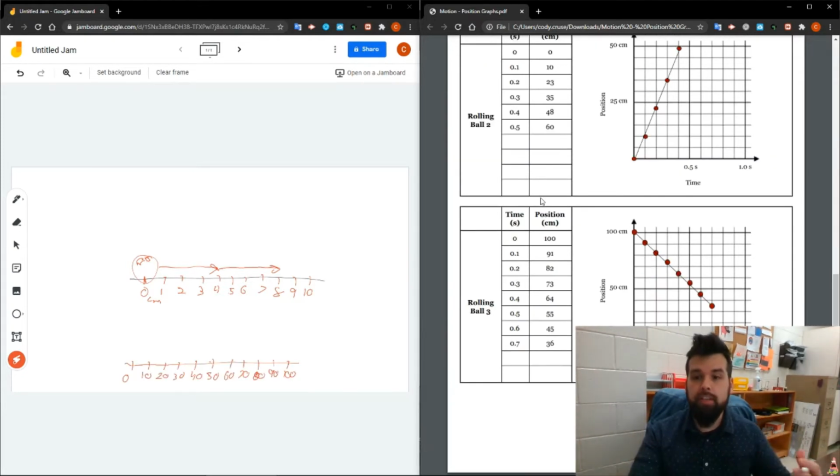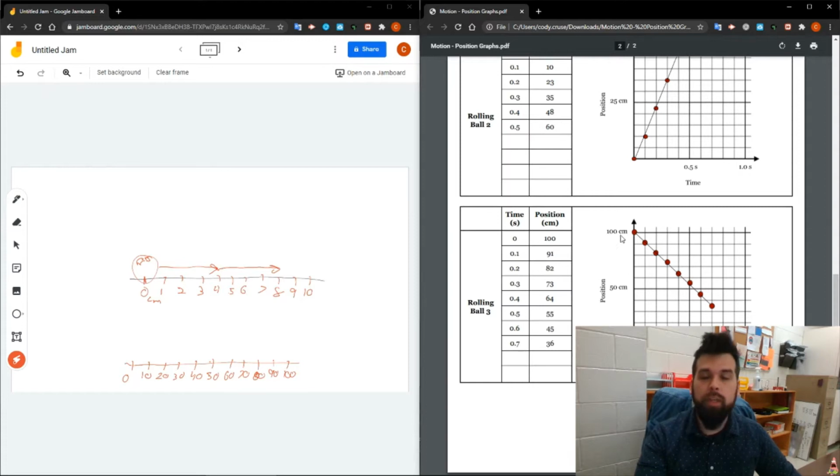So in this situation on this graph, we can see that the ball actually starts at 100 centimeters at position 0. So I'll draw my little ball right there at 100. There we go. All right, so as we move along in the first 0.1 seconds, it moves down to 91.